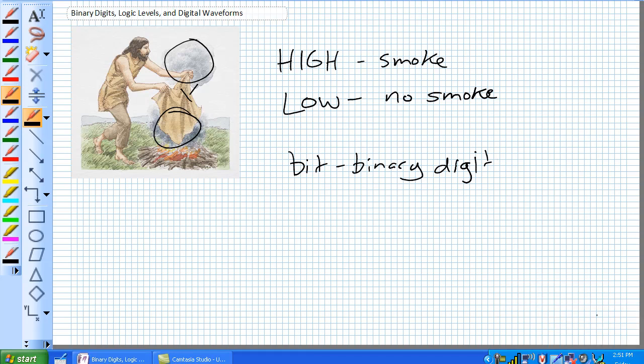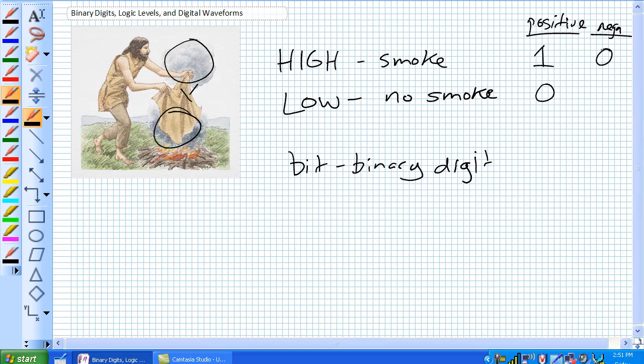Typically folks use positive logic, where a high is a 1 and a low is a 0. Negative logic is the opposite. We're going to use positive logic, where a high is a 1, a low is a 0.